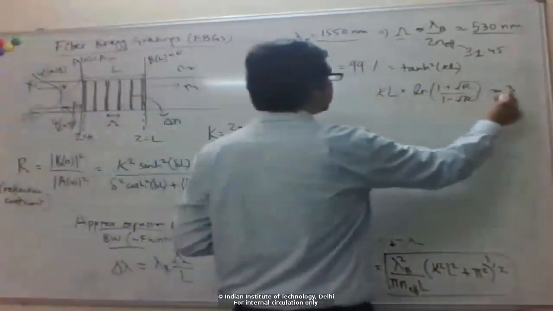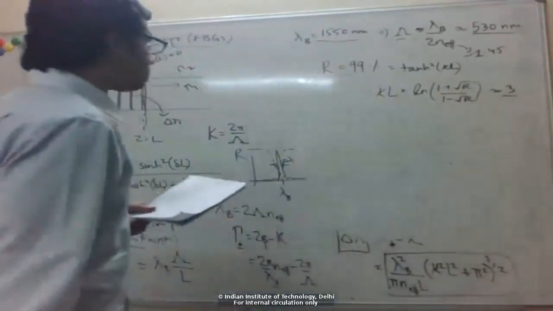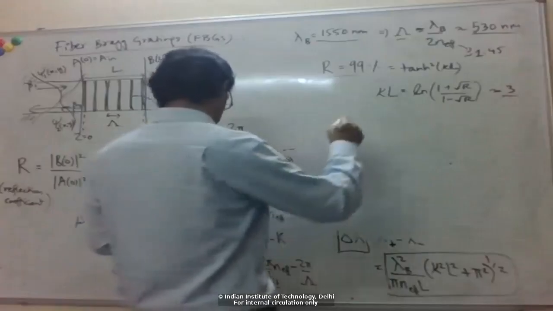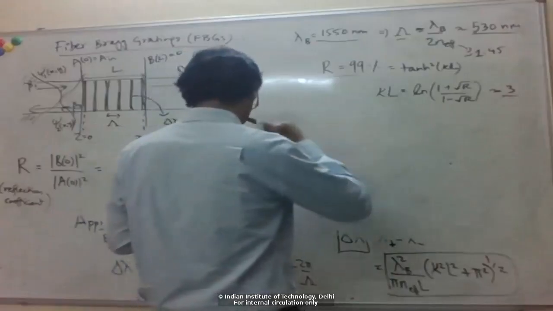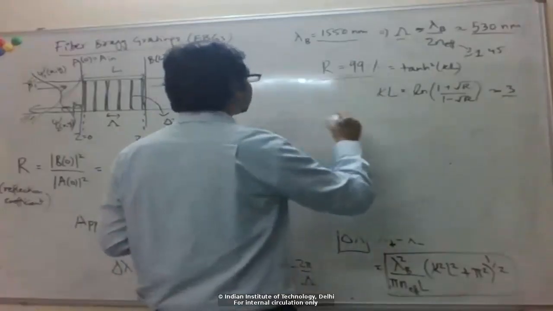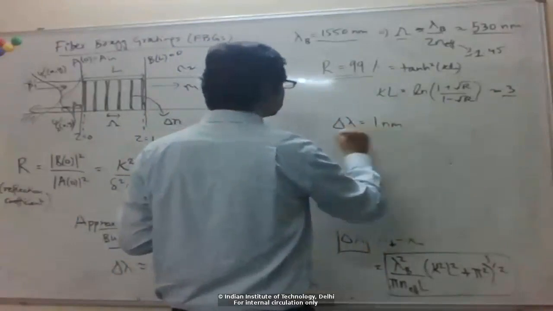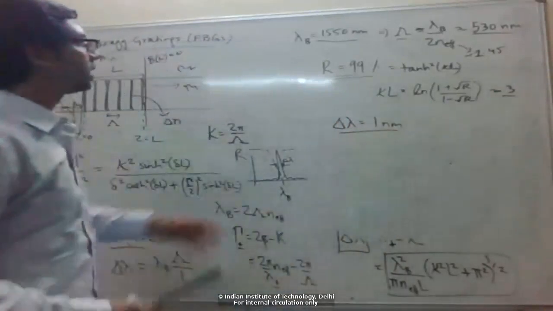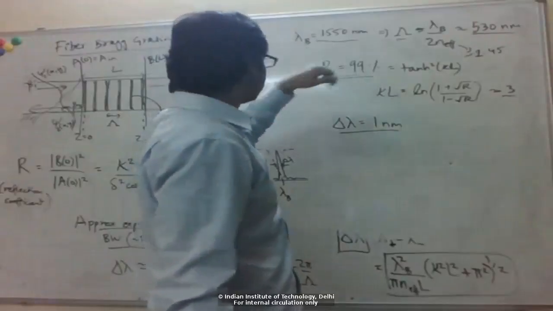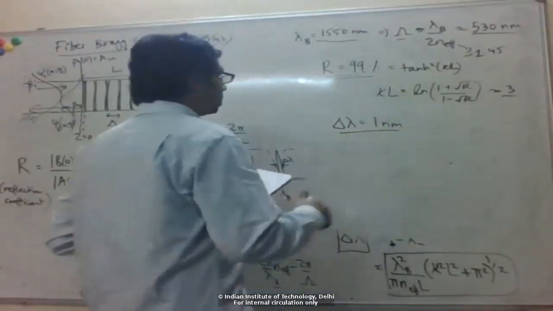For 99%, kappa L needs to be about 3. So basically we want peak reflectivity 99%, and let's say we want a bandwidth of 1 nanometer. Okay, so those are the design parameters. I want an FBG at 50 nanometer with peak reflectivity 99% and bandwidth 1 nanometer.